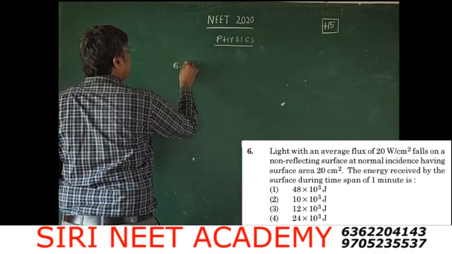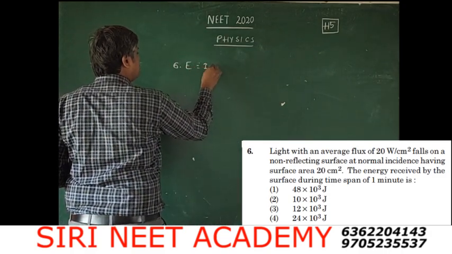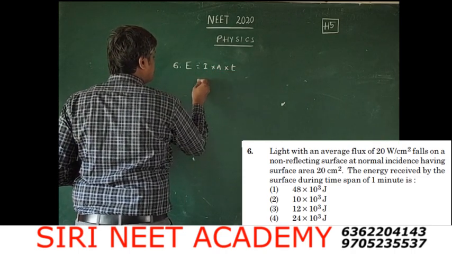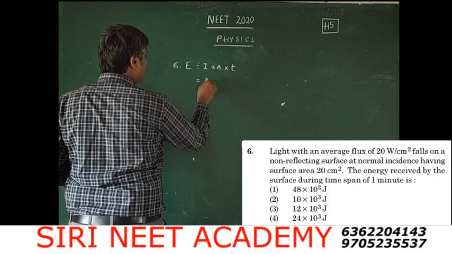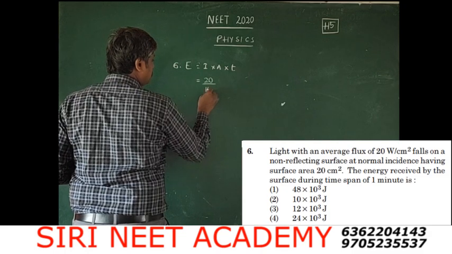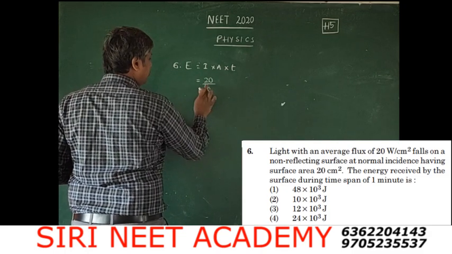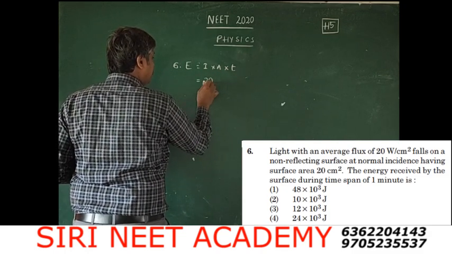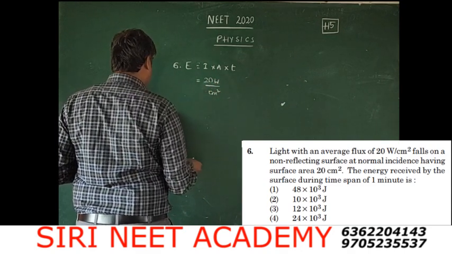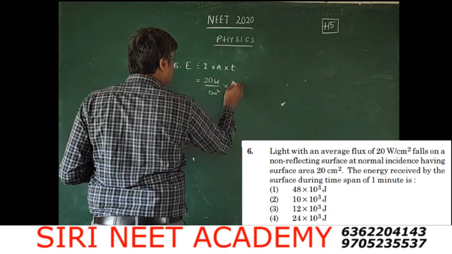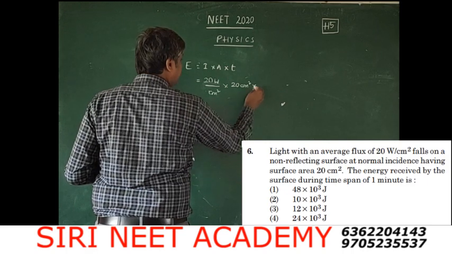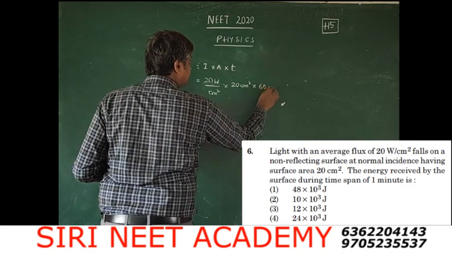So, energy is equal to intensity multiplied by area multiplied by time. So here intensity is given by 20 watt per centimeter square, area 20 centimeter square, and time is 1 minute, that is 60 seconds.